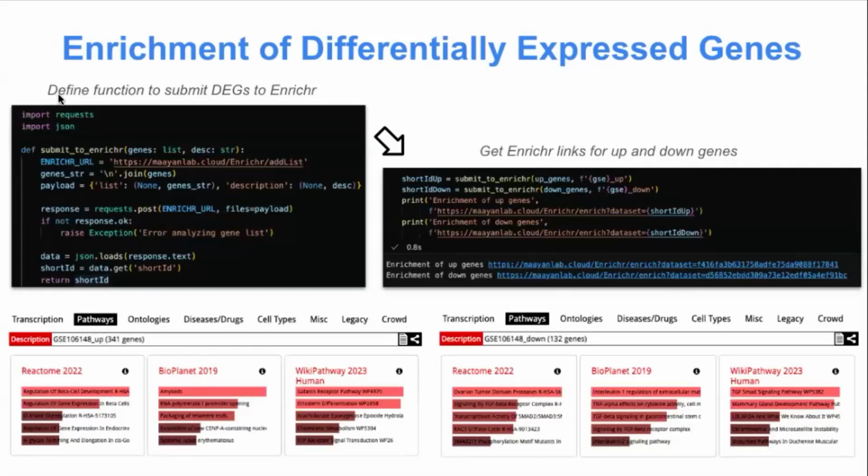We can then see that after we've gotten our up and down genes, we can define a function to submit these differentially expressed genes to Enrichr.